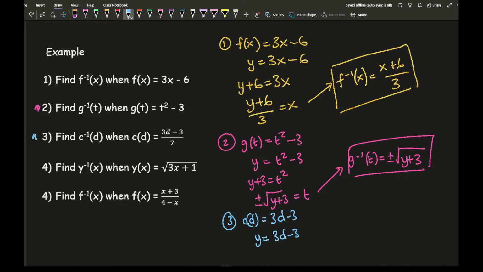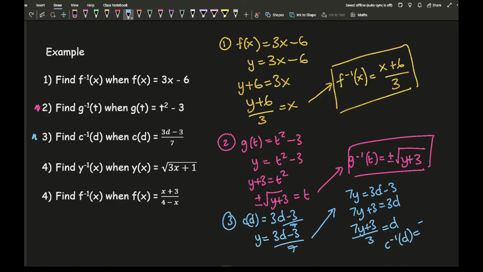And then if I make d the subject, I've got 7y equals 3d minus 3, 7y plus 3 equals 3d, and 7y plus 3 all divided by 3 equals d, and then just do the substitution. So here I've got c to the power of minus 1, the inverse of c, of d equals (7d plus 3) over 3.